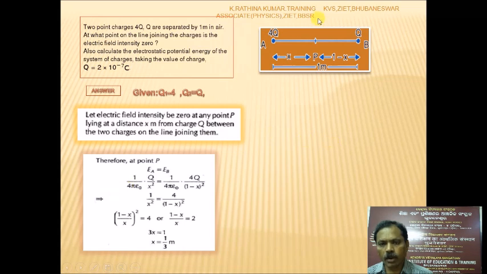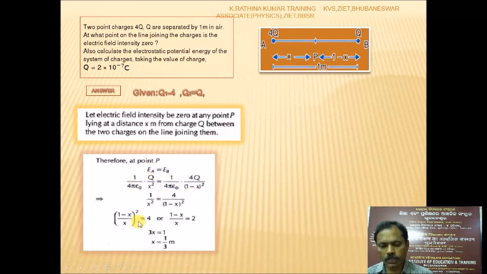The other distance will be 1 minus x. At point P, the electric field due to A is equal to that due to B: 1 by 4 pi epsilon naught Q by x square, and 1 by 4 pi epsilon naught 4Q by 1 minus x the whole square.